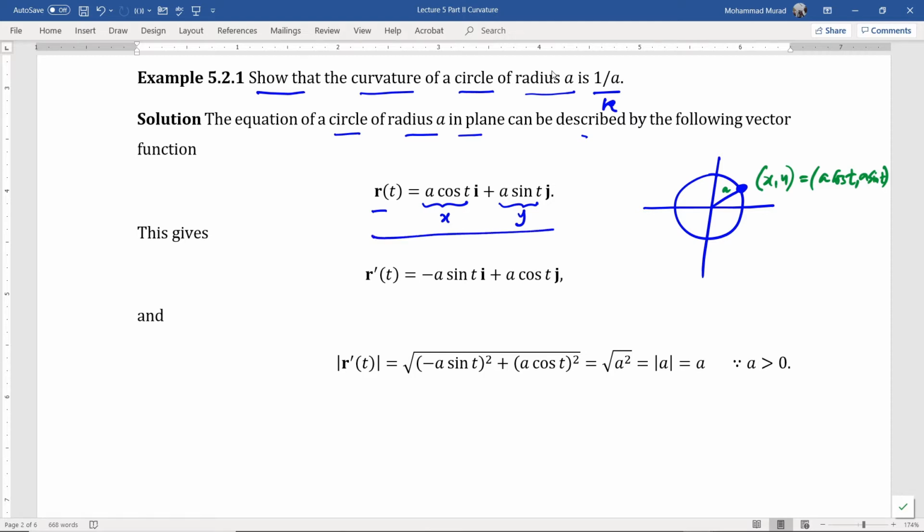Now this vector function gives r prime equals negative a sine of t, which is the derivative of x with respect to t, i plus a cosine of t j.